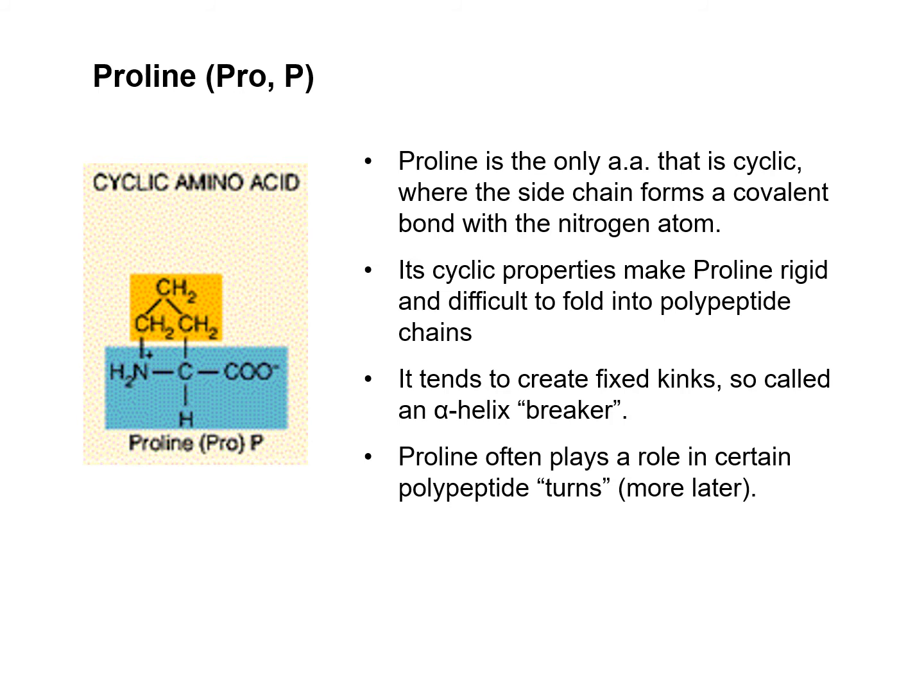So it tends to create fixed kinks, so-called an alpha helix breaker, that we're going to talk about later on when we discuss the secondary structure of a polypeptide. And proline often plays a role in certain polypeptide turns too. Again, we're going to discuss all these polypeptide structures later on.